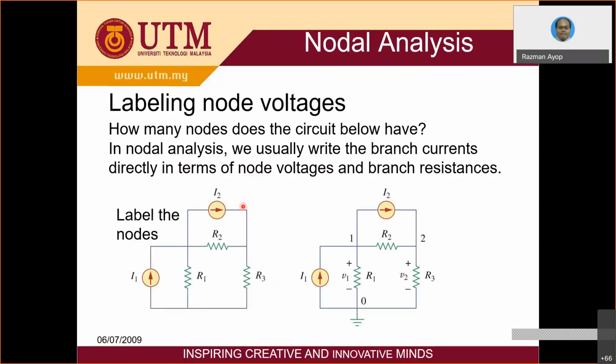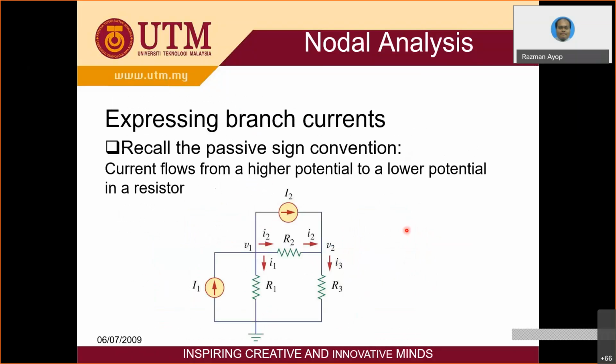Now if you look here, this becomes node voltage 1 or V1. This one becomes node voltage 2 or V2. What to do next? In nodal analysis, you have to express the branch currents.